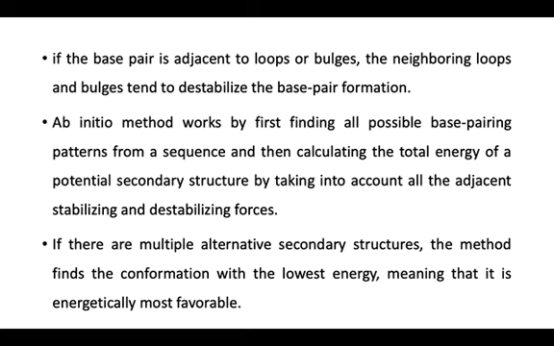We first find the possible base pairing in the sequence, and then we calculate the total energy of the secondary structure, taking into account the forces that can stabilize or destabilize the structure. If there are multiple alternative secondary structures, the method finds the conformation with the lowest energy, meaning that it is energetically most favorable.